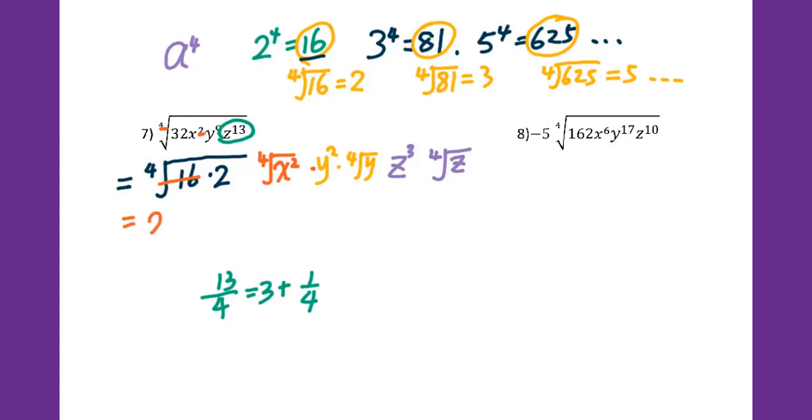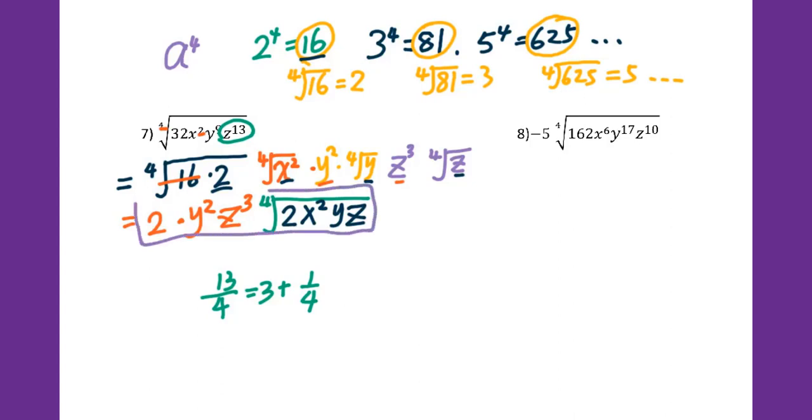So you will get the 2 outside. Then you get the y squared outside. z to the 3rd power outside. Then in the 4th root, you will have this 2. You have this x squared. You have this y, and you have this z. So this will be the simplified radicals.